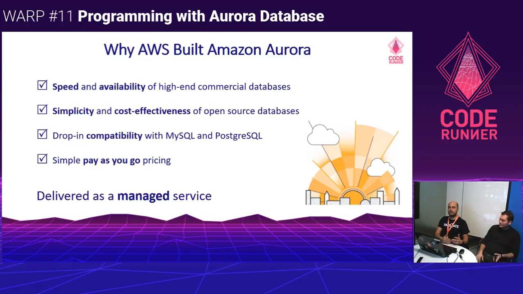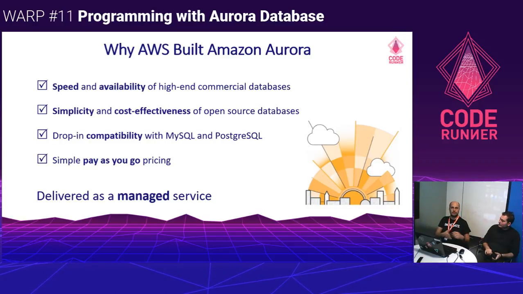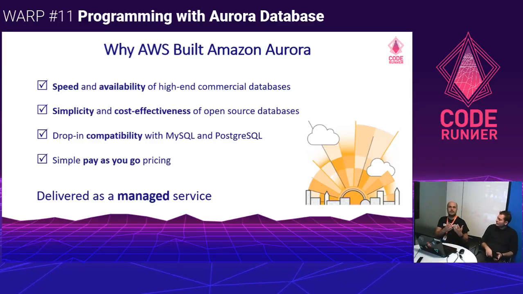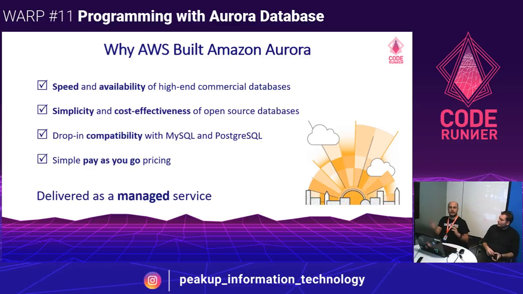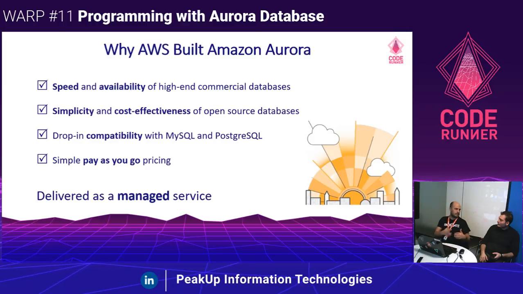You can use Amazon Aurora in your commercial systems because it gives you the speed you need, the availability you need, and it is really simple to use. It provides the simplicity and cost effectiveness of an open source database. As I said, it is fully compatible with MySQL or PostgreSQL, and it has a simple pay-as-you-go pricing model.